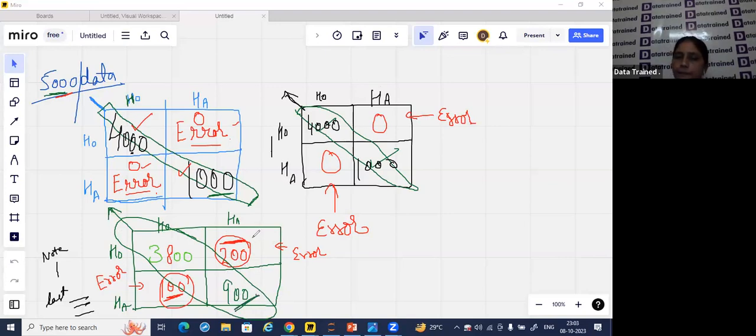Here, 200 forms are filled incorrectly and 100 are not filled correctly. Got the point? This is a case of power of test.